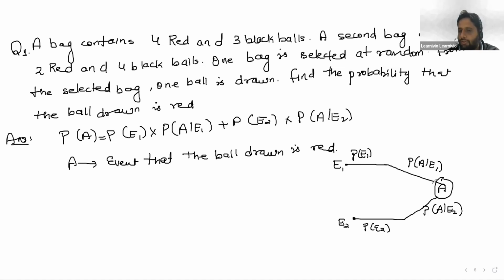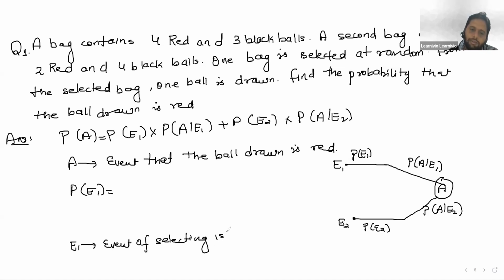Now Nabil, tell me what will be the probability of event E1? E1 is the event of selecting the first bag, and E2 is the event of selecting the second bag.